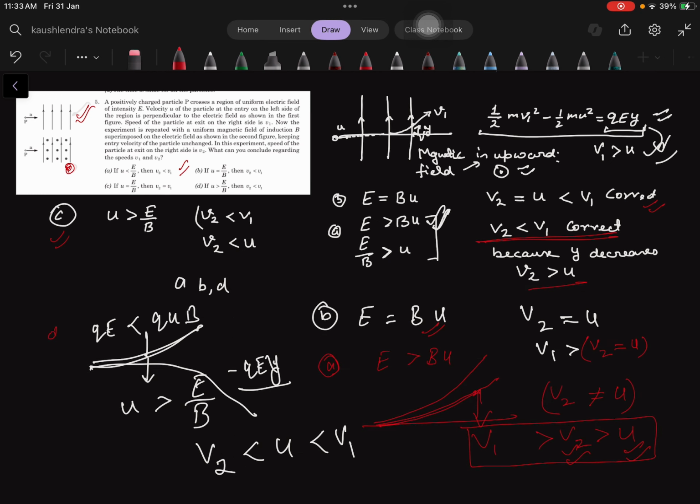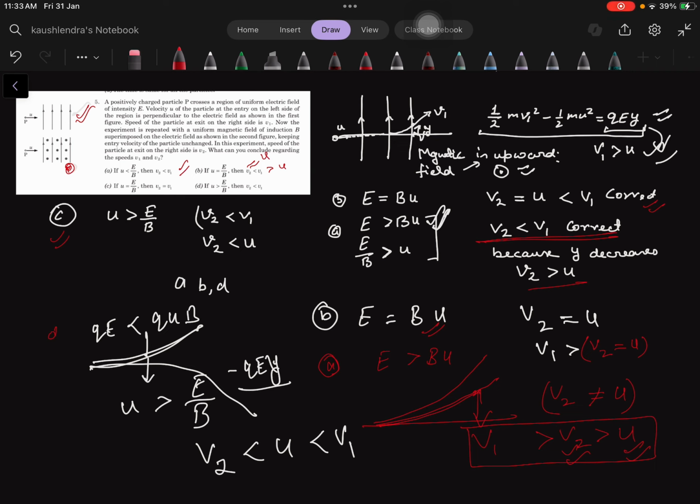Now the next one is U equal to E by B, yes, still it is because V1 is greater than U and V2 is equal to U in this case, so it will be there in that way.